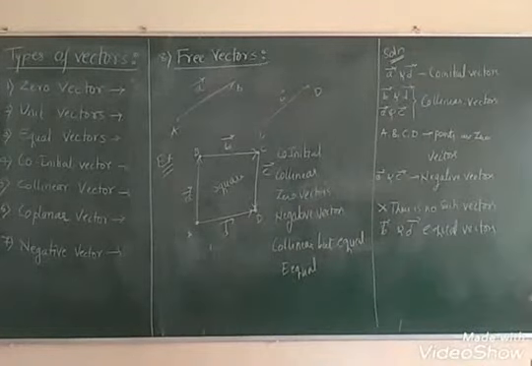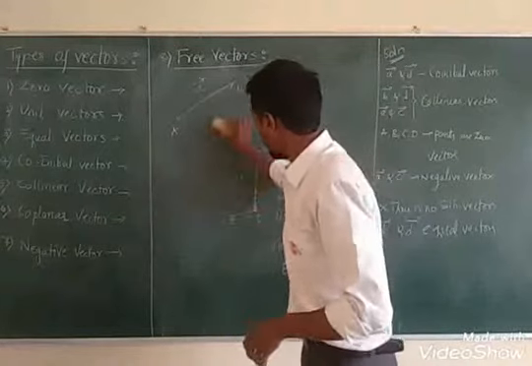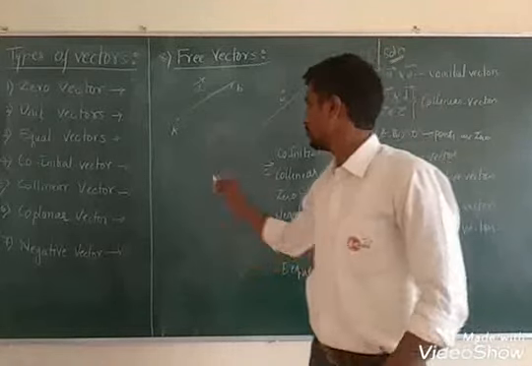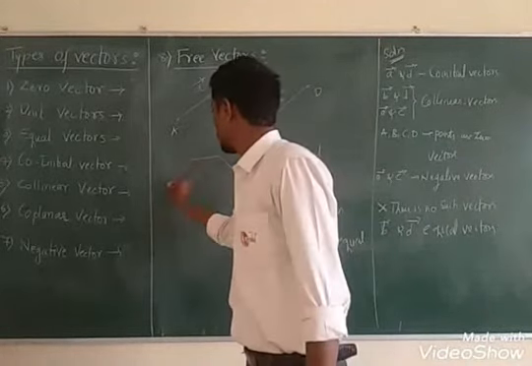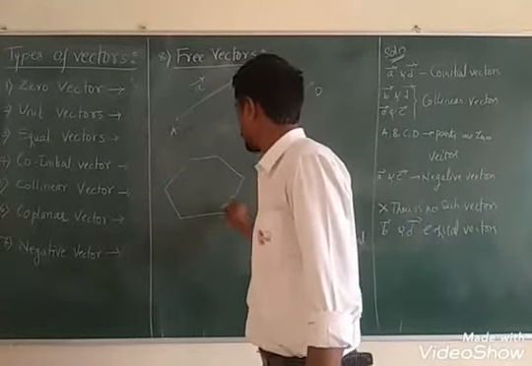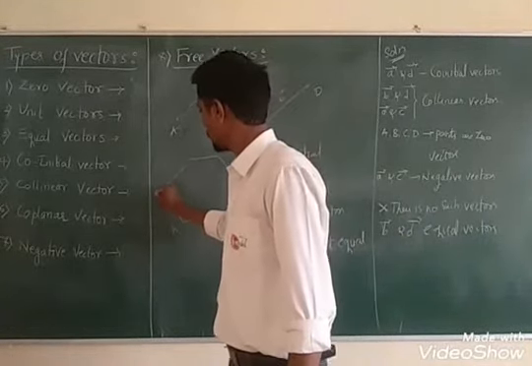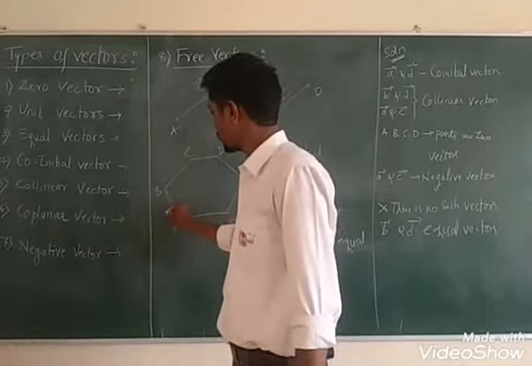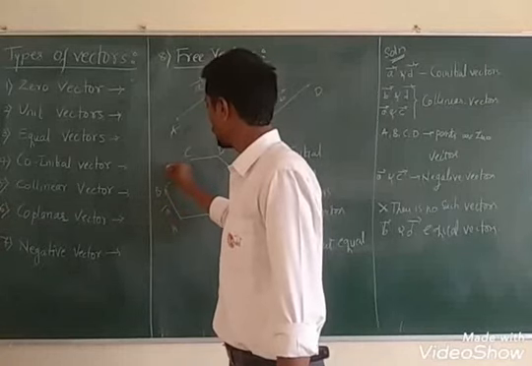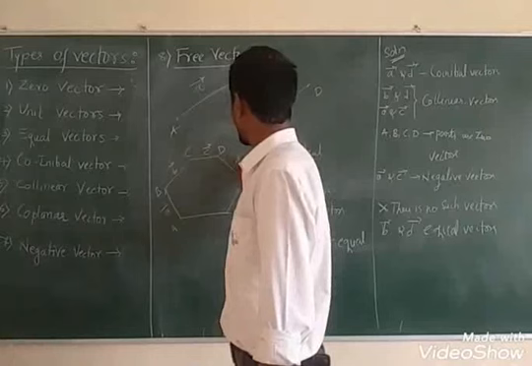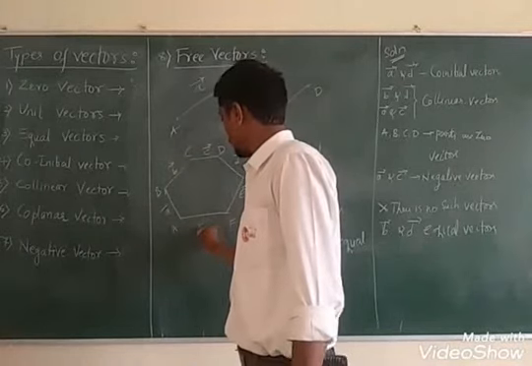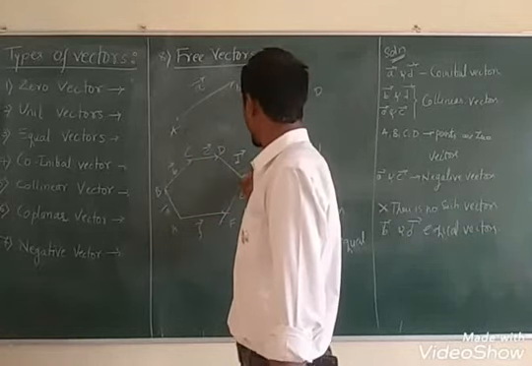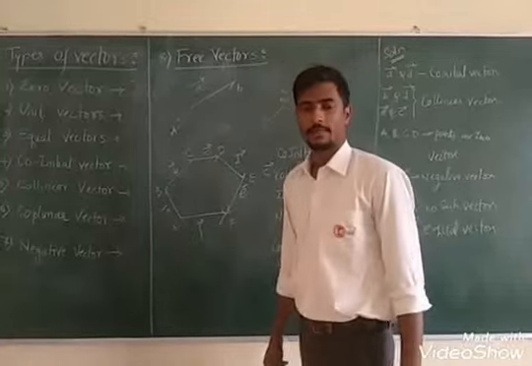If you want another example, try it at home. I will provide an example. There is a regular hexagon example. These are the points A, B, C, D, E and F. This is vector A, vector B, vector C, vector D, vector E and vector F, acting on these sides.